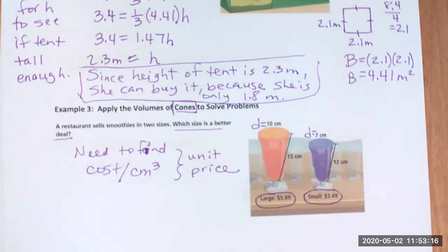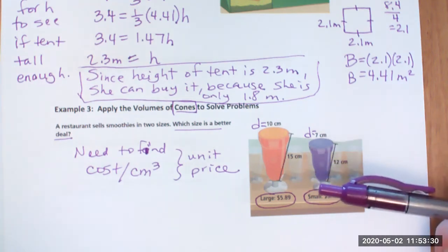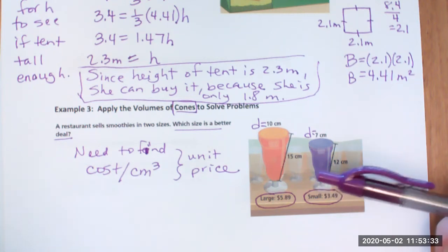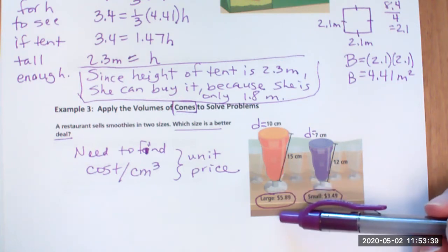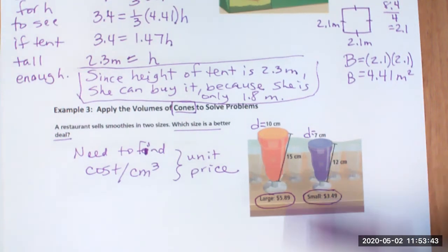Okay? So basically, in order to do this, of course, step 1 is we're going to need to find the volume of each size drink, okay? And then, of course, once we do that, if we just divide that into the cost, in other words, take the cost in dollars and divide that by the volume in cubic centimeters, we'll get the unit price, okay?